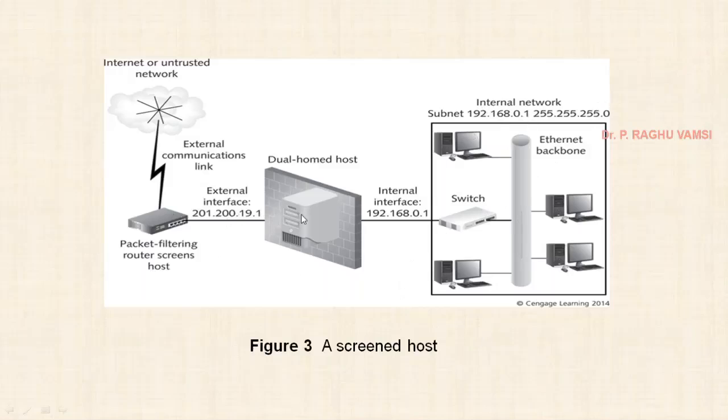So we considered packet filtering as one filter, and dual homed also was one filter in the previous two cases. But now, because of the combination of these two, more fine-grained, genuine traffic can be allowed into the internal network.